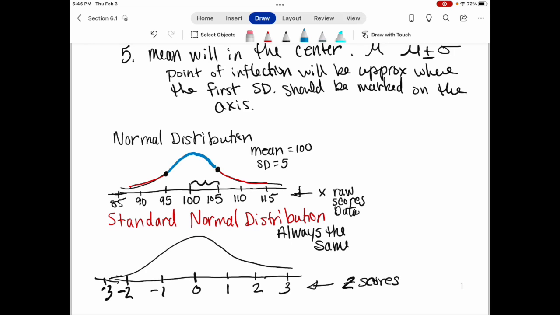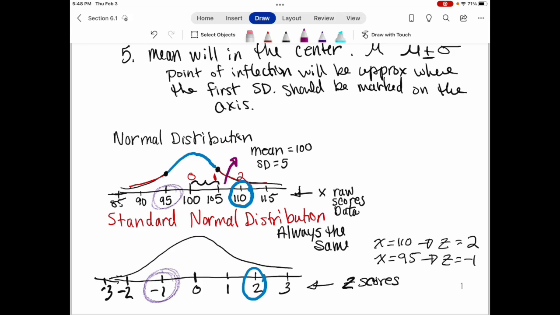So, for example, if I wanted to compare my value of x in the normal distribution to the value of z in my standard normal distribution, if I was looking at a score of 110, that would be equivalent to a z of 2, because 110 is 2 standard deviations from the mean.